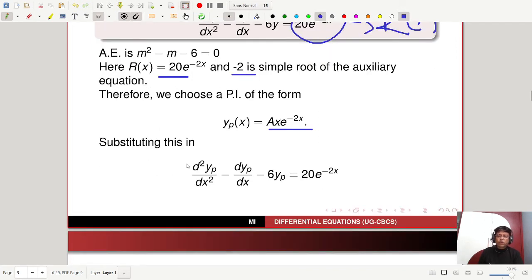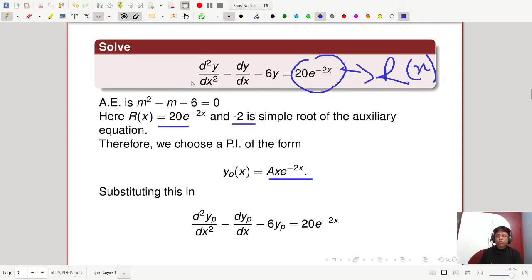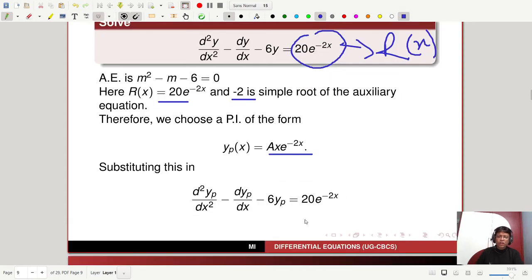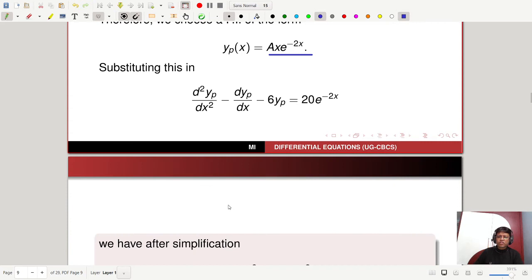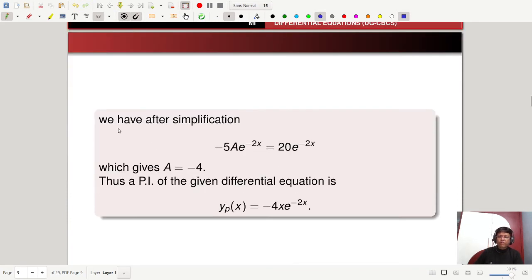Now substituting this in, since yp is a solution of this given differential equation, it will be d2yp dx2 minus dyp dx minus 6yp equal to 20 e to the power minus 2x. So if you substitute in this, after simplification and comparing, you have a equal to minus 4.